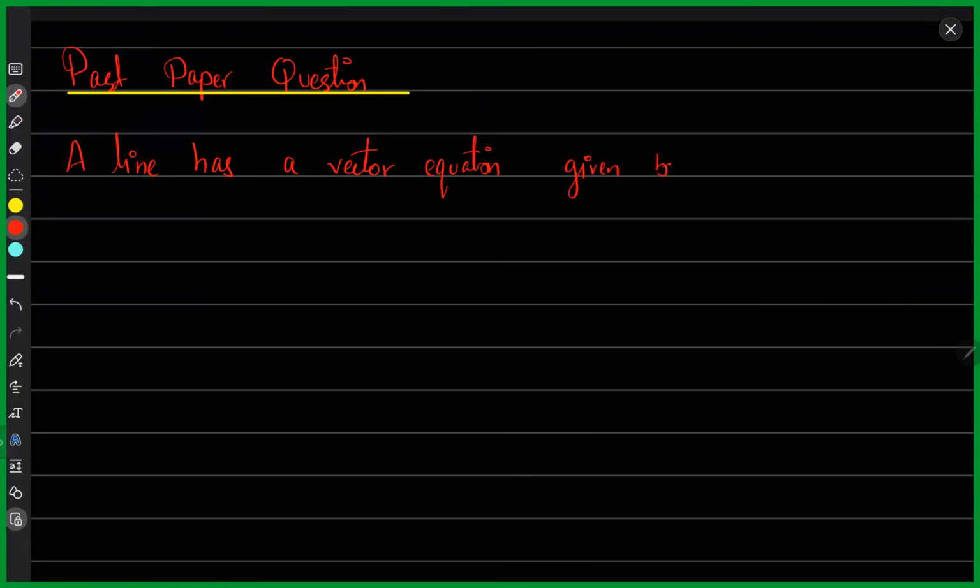This is basically a past paper question, and it says a line has a vector equation given by r equals 3i plus j plus k plus mu into 2i minus j minus k.